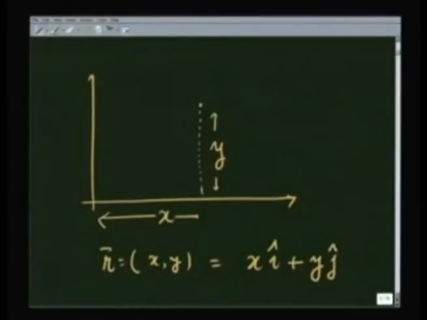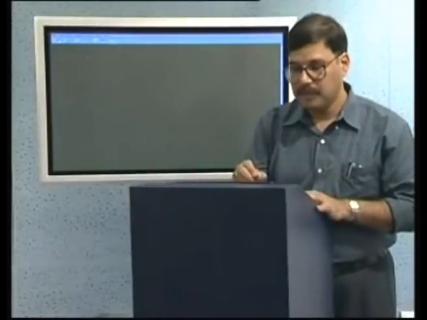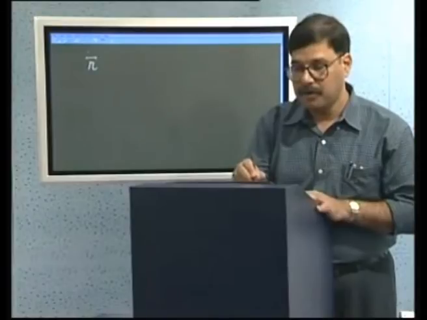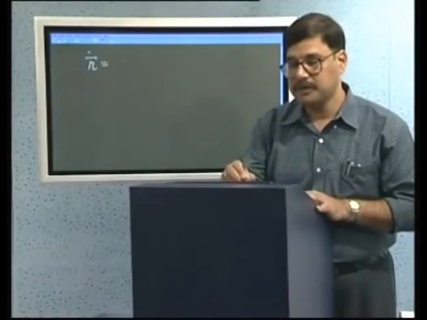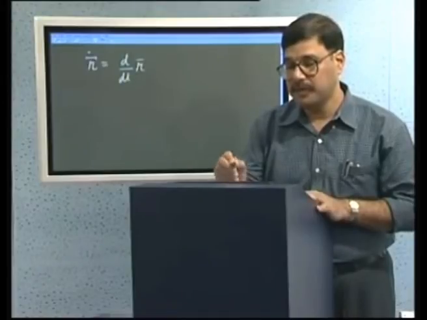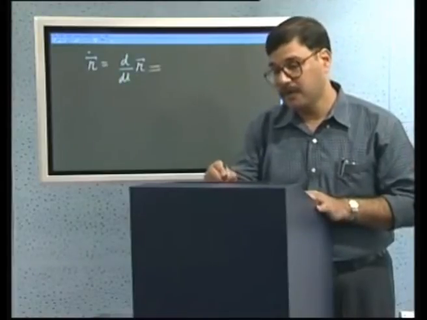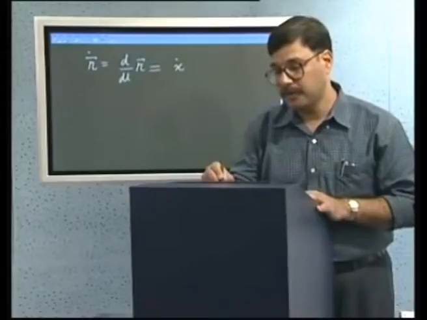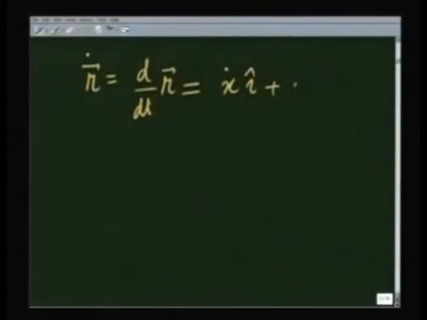The velocity accordingly is given as r dot. This dot is given to indicate the time derivative with respect to time, which is equal to x dot i plus y dot j.